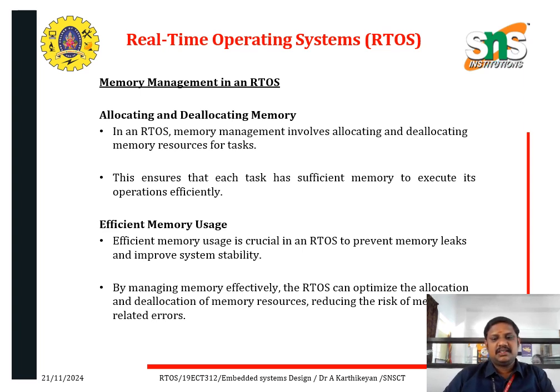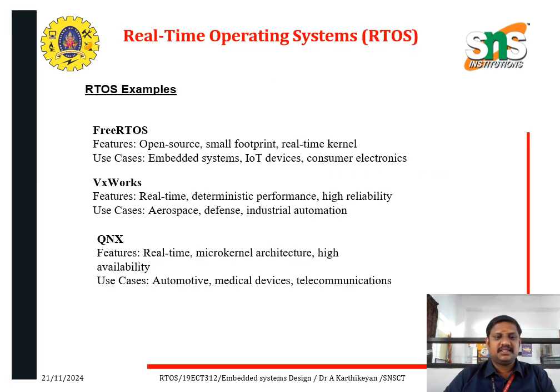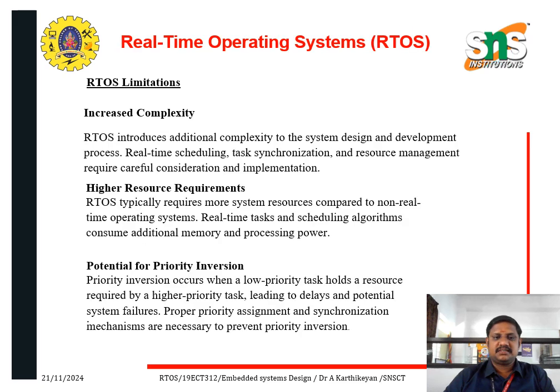Efficient memory usage in the RTOS prevents memory leaks and improves system stability, and optimized allocation and deallocation of memory resources reduces errors. Examples of RTOS are FreeRTOS, VxWorks, and QNX, used in real-time operations.